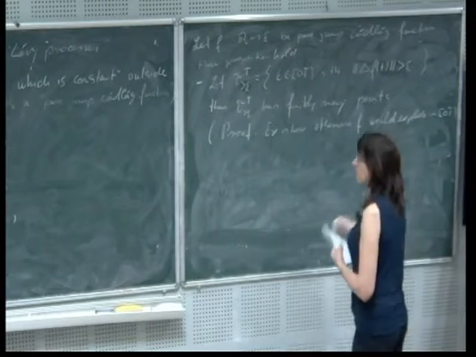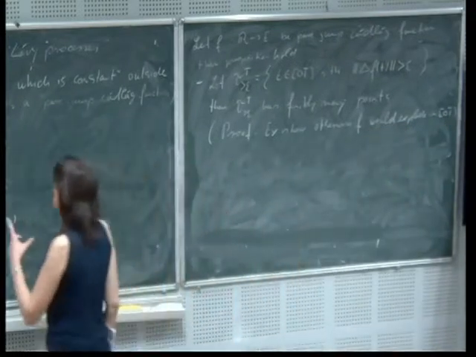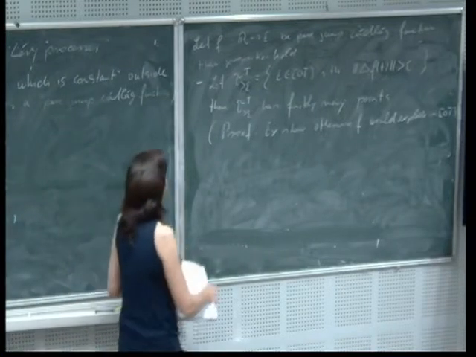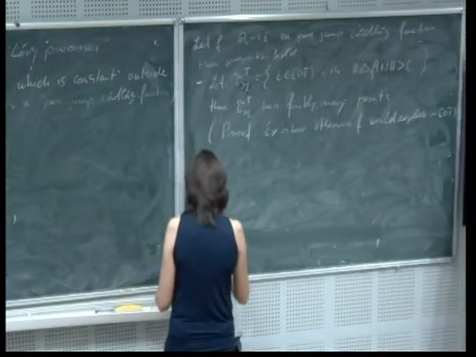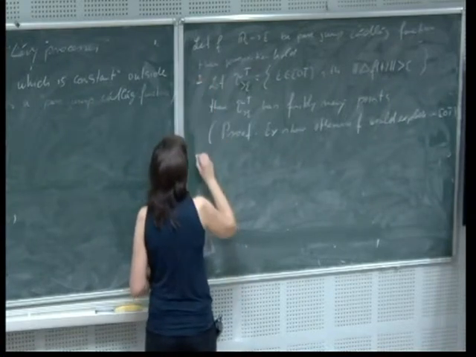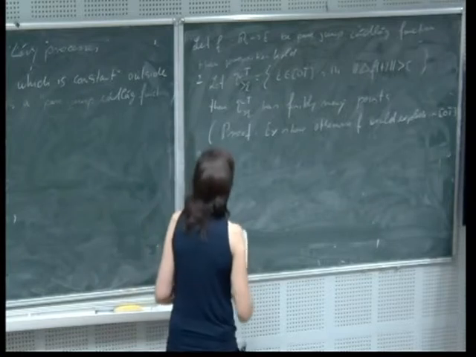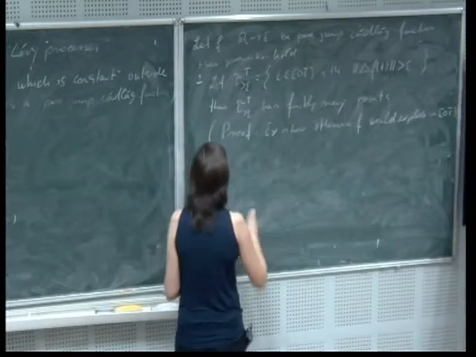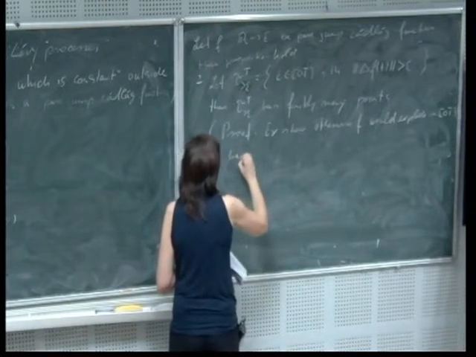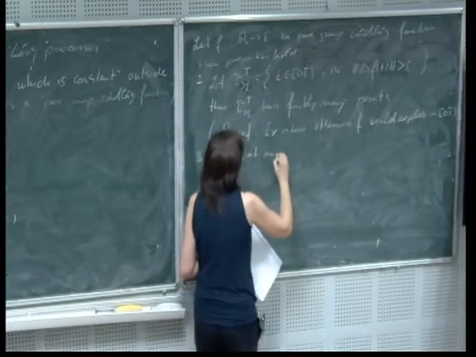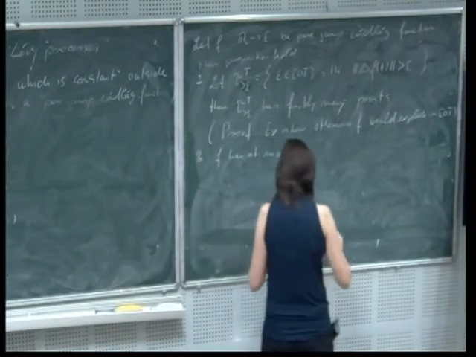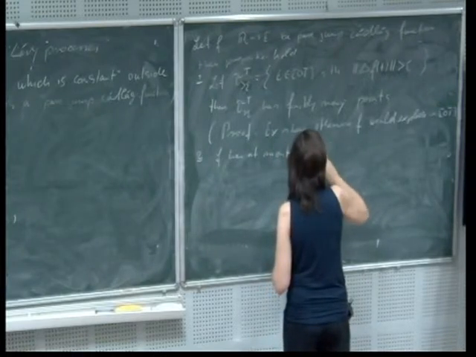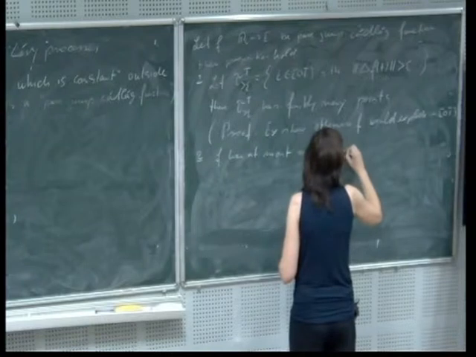I cannot have infinitely many jumps bigger than a given epsilon in a finite time. So obviously it follows from that if I consider all jumps, then these are countable. f has at most countably many points of discontinuity.